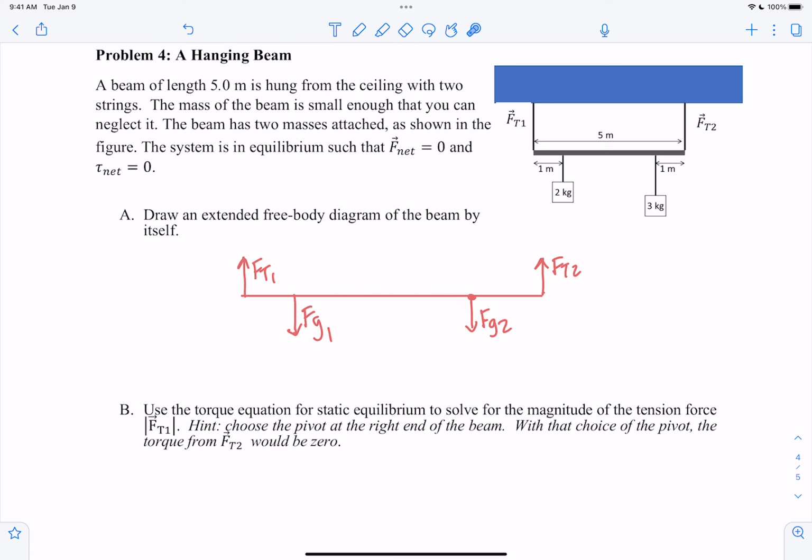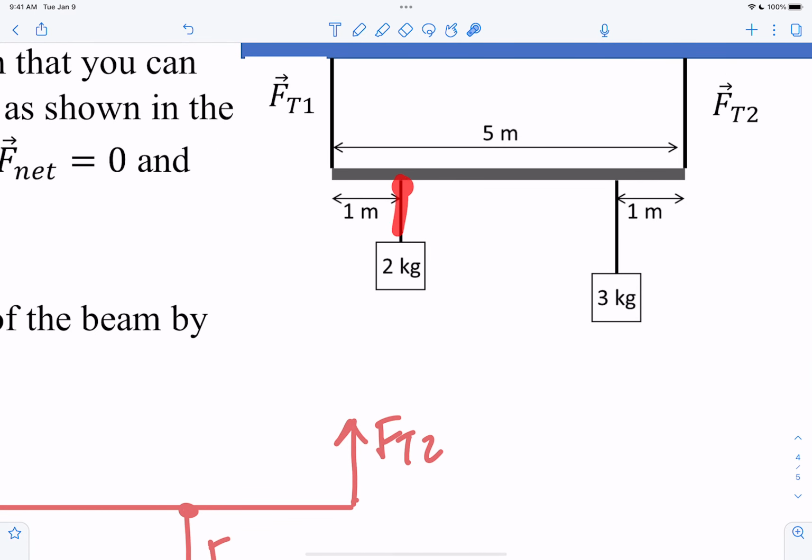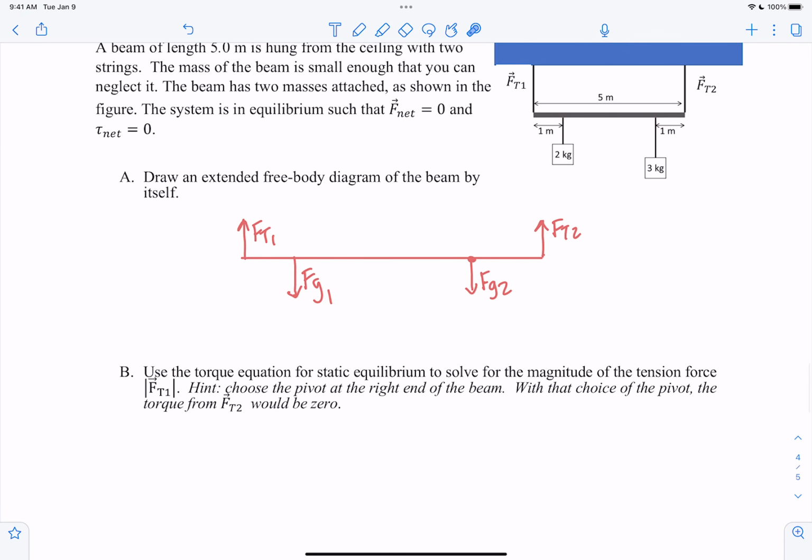Some people might think that, oh, there's a rope attached, so it's like tension or something. Well, sure, but in reality, what's really pulling down on the beam here is the gravity of the blocks, 2 and 3. That's what pulls down the beam in the negative y direction. So that should be your free body diagram.